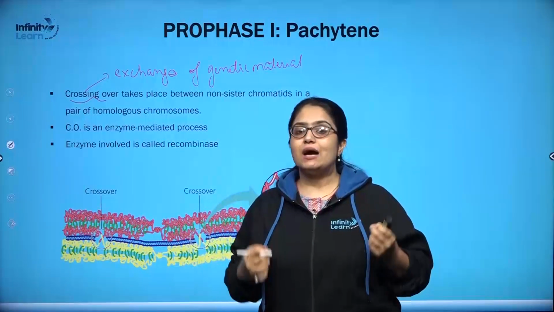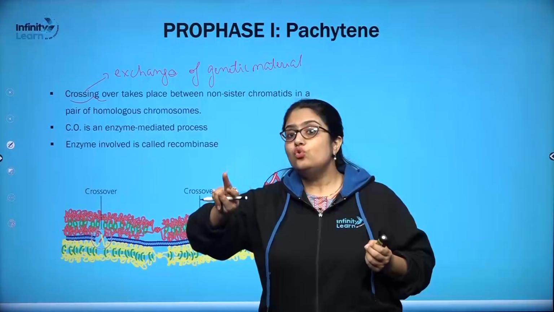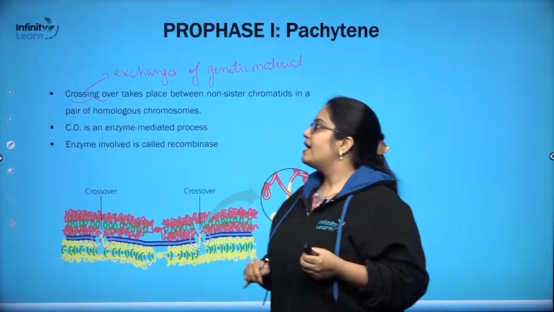In a pair of synapsed homologous chromosomes, between the two non-sister chromatids there will be crossing over.